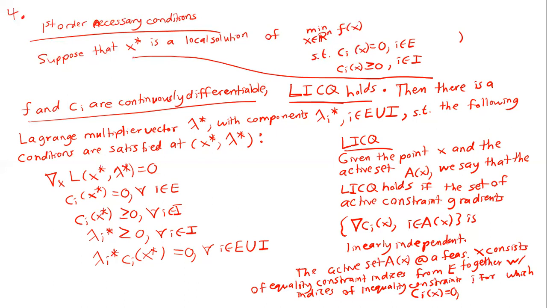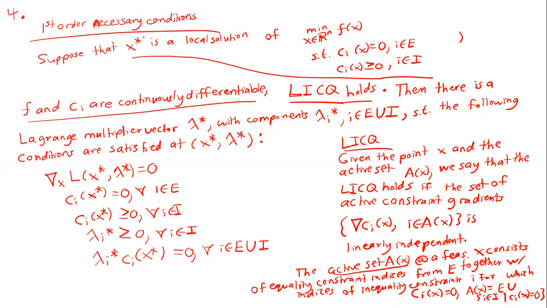Meaning that A of x is equal to E, and then the union with the i contained in I such that c_i of x is equal to 0. So these are the reminders of some of the definitions we went over last time that are relevant to what I'm going to do right now.